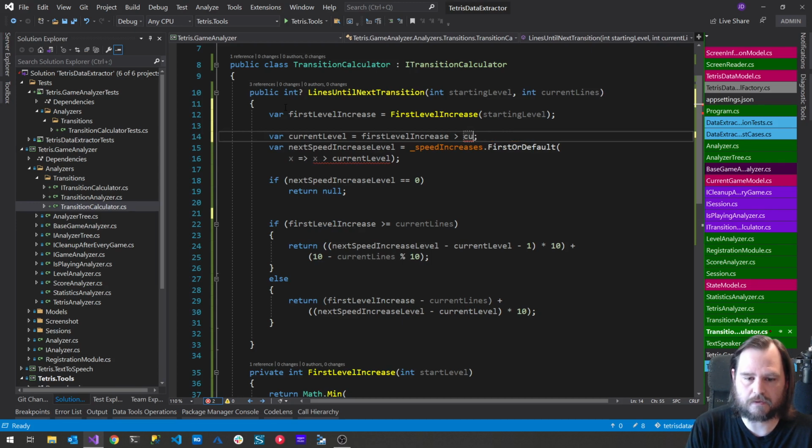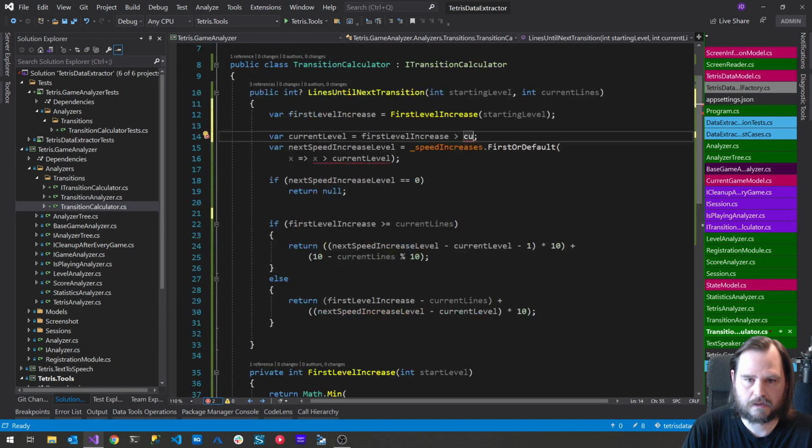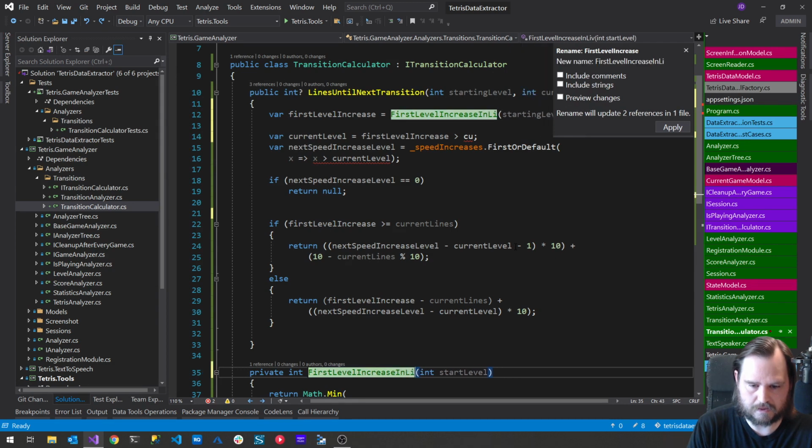First level increase is greater than current lines. You know what? Let's rename this: first level increase in lines.